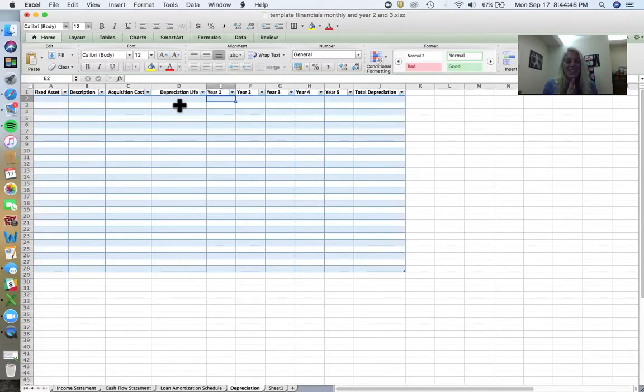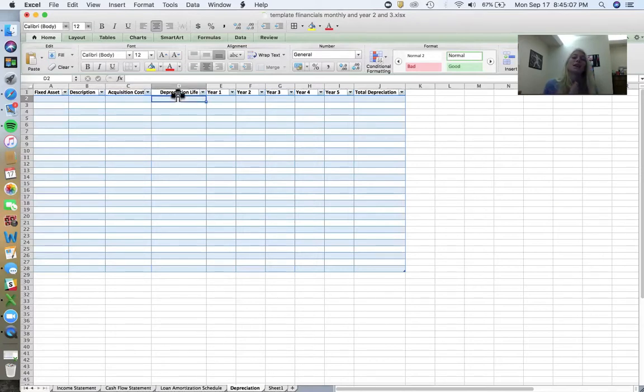So if it has a sale value at the end of its life, if it has a scrap value, you factor that in. You take the acquisition cost minus the scrap or sale value at the end, and then you divide that number by the depreciation life number of years.